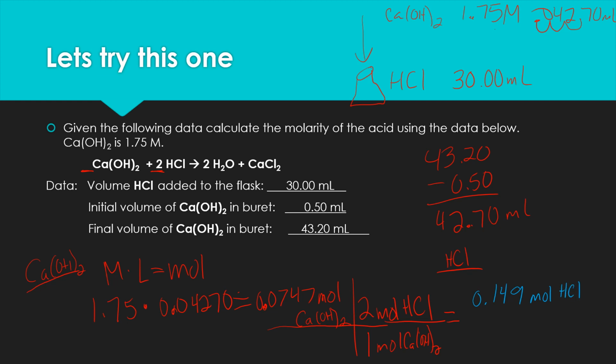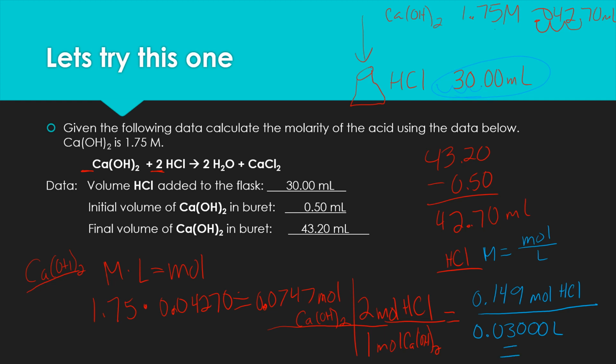Remember, our goal here is to find the concentration, the molarity of HCl. Molarity is moles divided by liters. So we need to take those moles of HCl, we're going to divide it by the volume of HCl, which we have. In milliliters, we're going to move that decimal 3 places. So 0.0300 liters of HCl.